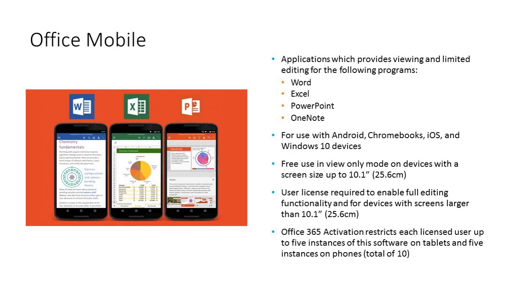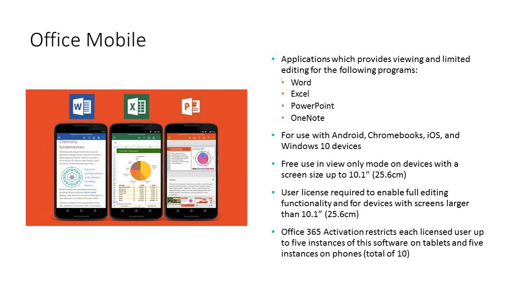Office Mobile is another aspect of why Office Online would work best. It essentially allows users to utilize Word, Excel, PowerPoint, and OneNote on their mobile devices. Bring your own device is more of an aspect in the workforce these days.